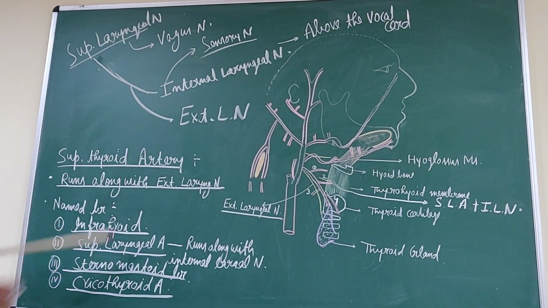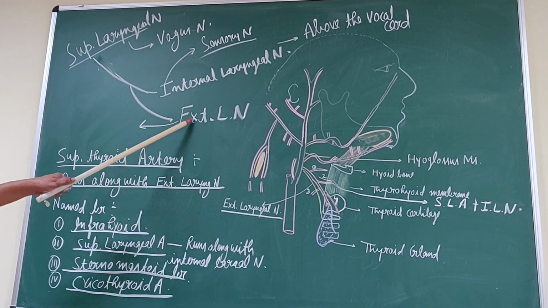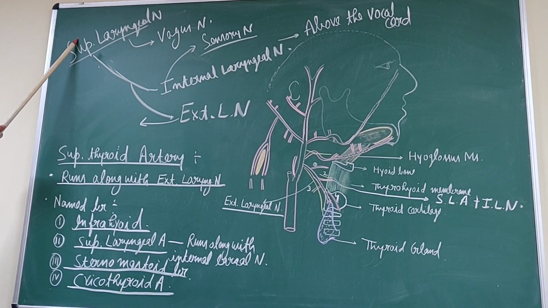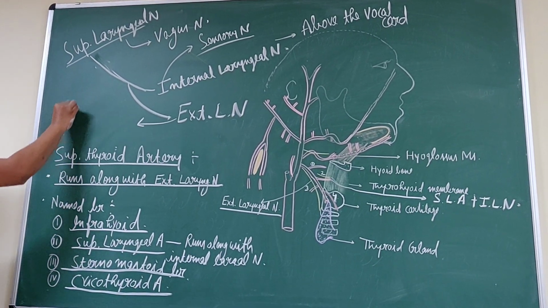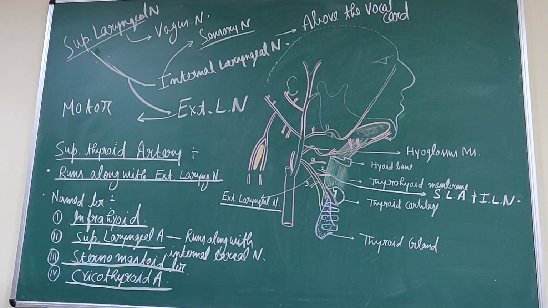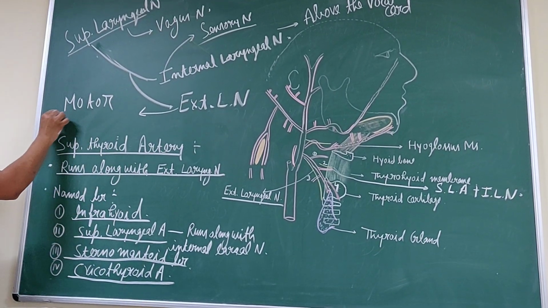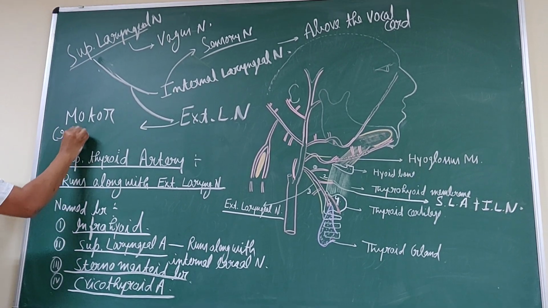What is the importance of this external laryngeal nerve? It is a motor branch, unlike the sensory internal nerve, and it supplies only one muscle of the larynx, that is the cricothyroid muscle.